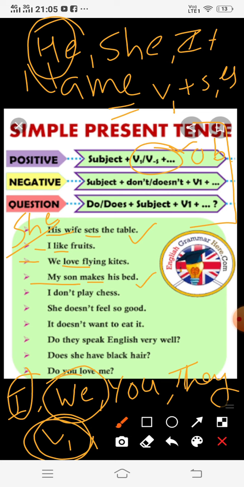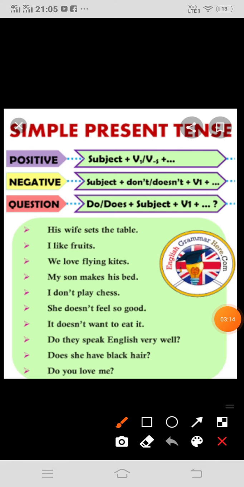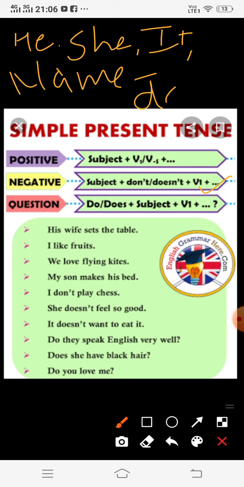Let's come to the negative, as you have read it over here. Subject plus do not and does not. The same thing will be continued with he, she, it, name. We are going to use does for the negative as well as for the interrogatives.